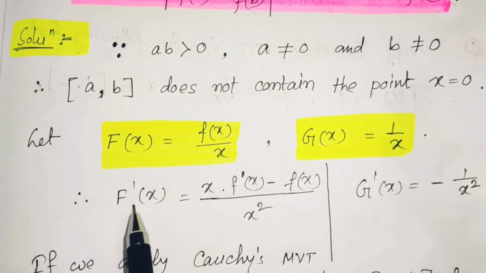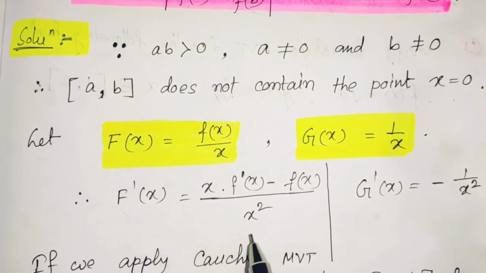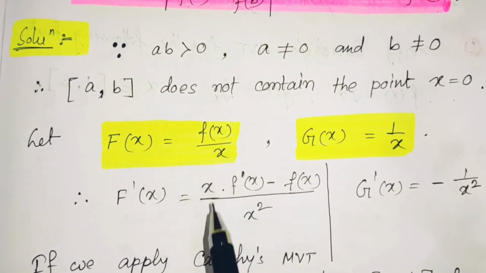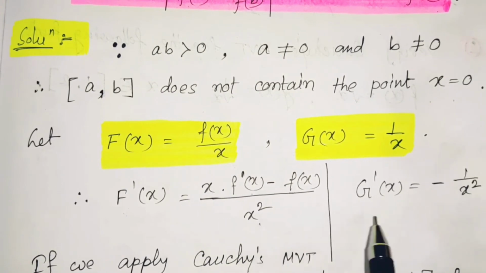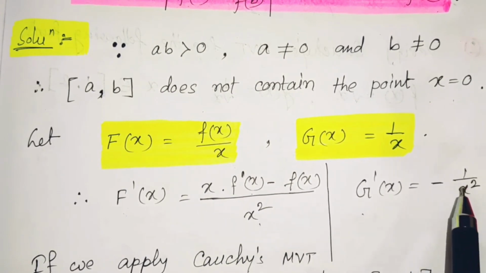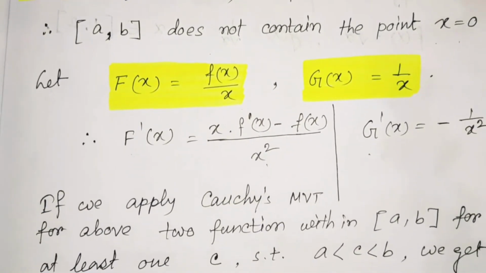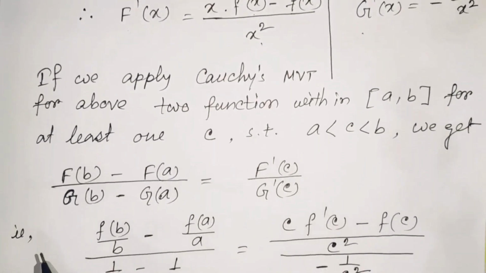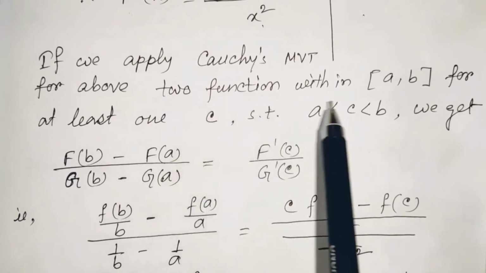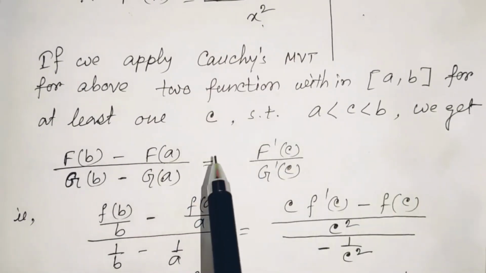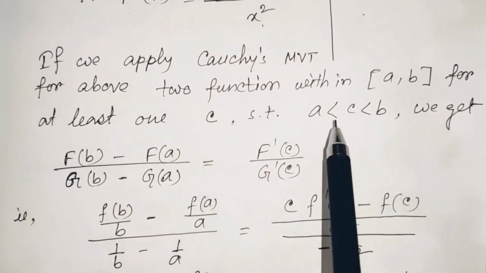So that we can find out the derivative of this function. Here it is the u by v format, so it is x into f dash x minus f(x) by x square, and the derivative of g is simple, it is minus of 1 upon x square. Now if we apply the Cauchy mean value theorem here, then within this range we will find a value c lying in between a and b.